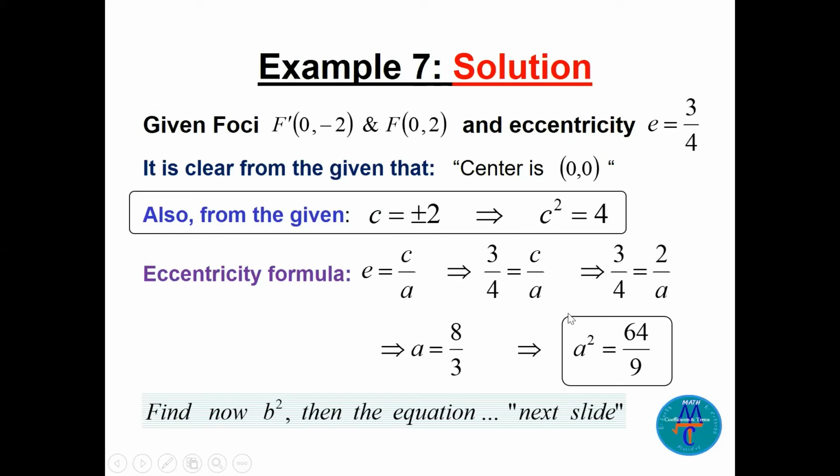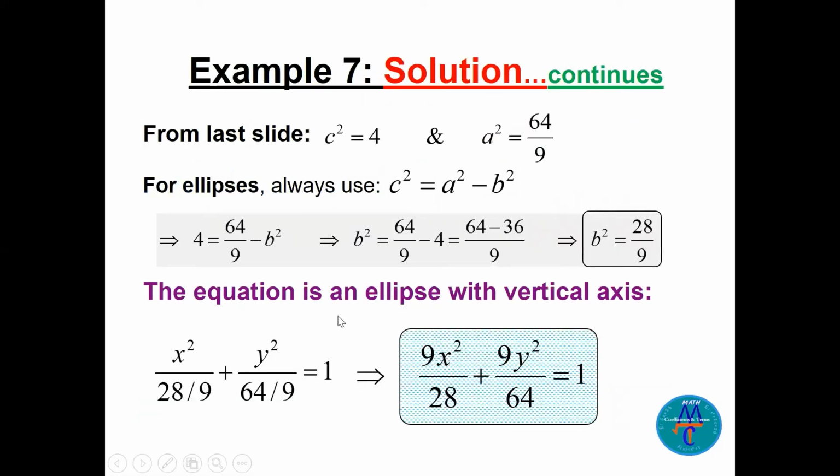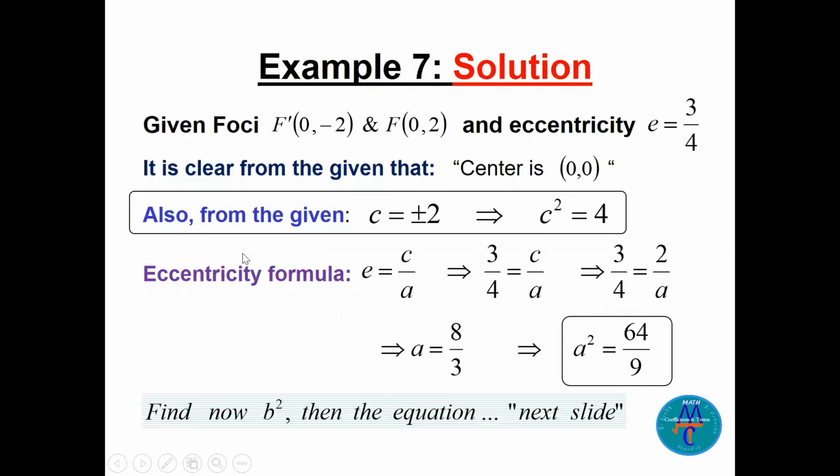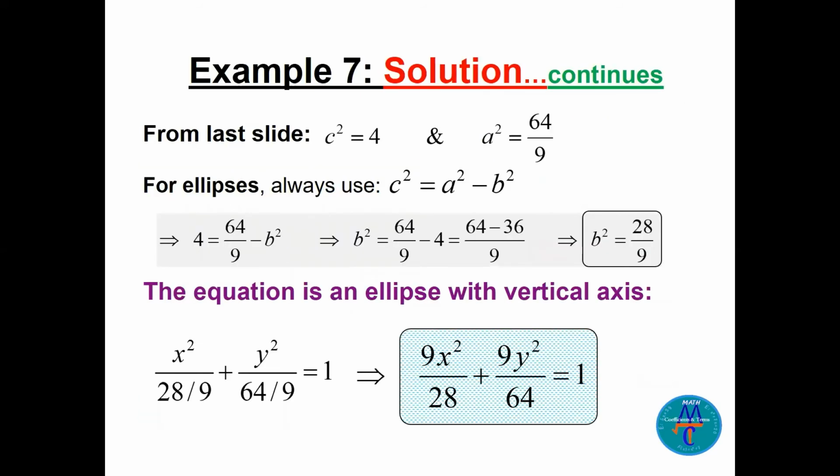We have c squared, we have a squared. We can find now b squared. Use the equation on the next slide. So we know for the ellipse, we can say c squared is equal to a squared minus b squared. c squared is 4, a squared is 64 over 9. From there we get 4 equals 64 over 9 minus b squared.